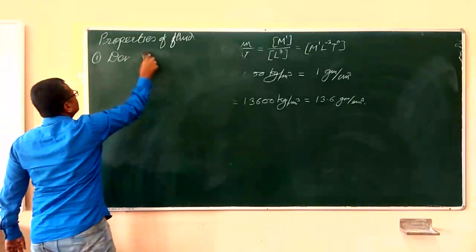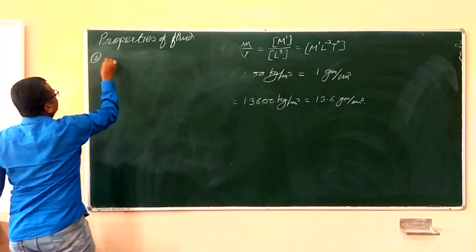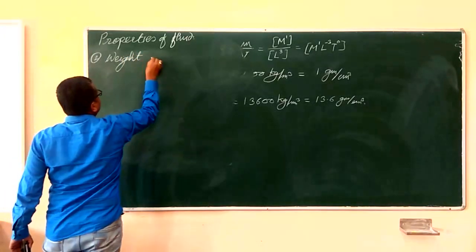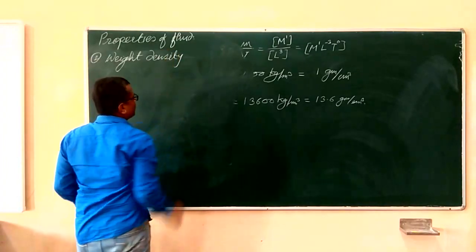The next fluid property, number 2, is the wet density.